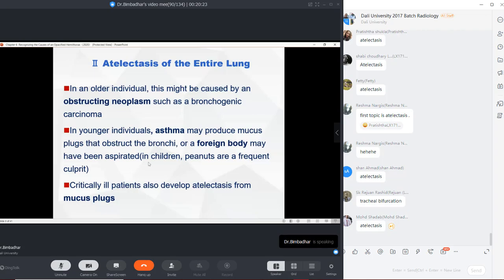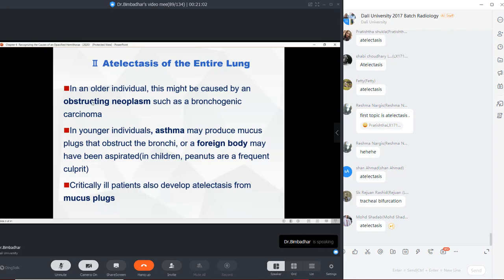In asthmatic patients, where there is an inflammatory condition, where histaminic reactions are happening and there is excessive production of mucus, the mucus eventually gets clogged in the smaller bronchioles, or sometimes obstructs the bigger bronchioles, and will eventually cause that bronchus to be completely obstructed. And in younger individuals, this is much more common. Asthma is the most common cause of atelectasis of the lungs, which happens because of mucus obstruction.